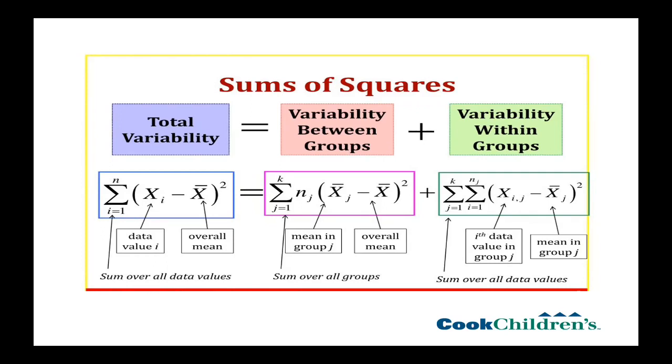For the between, you are subtracting the overall mean from the mean in each group. It doesn't matter if it's negative because you're going to square it, so at the end of the day it ends up being positive. For the within, you're subtracting the group mean from the individual value within that group. And that sums up to give SST, the total variability.